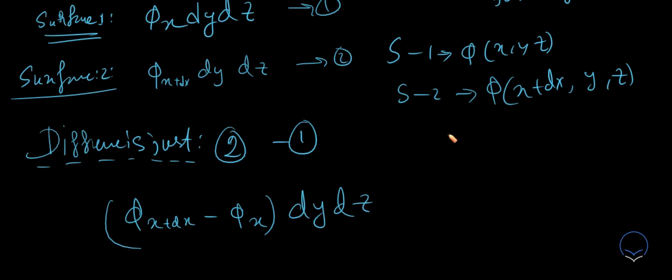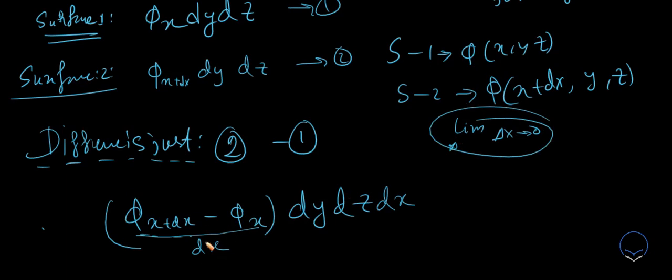Since this dx is very small, we can divide by another dx and multiply with dx over here. Actually, this is not the formal procedure. The formal procedure would be to go for the delta: instead of dx, you want delta x, and then you take the limit of delta x going to 0, and that should give you the dx.